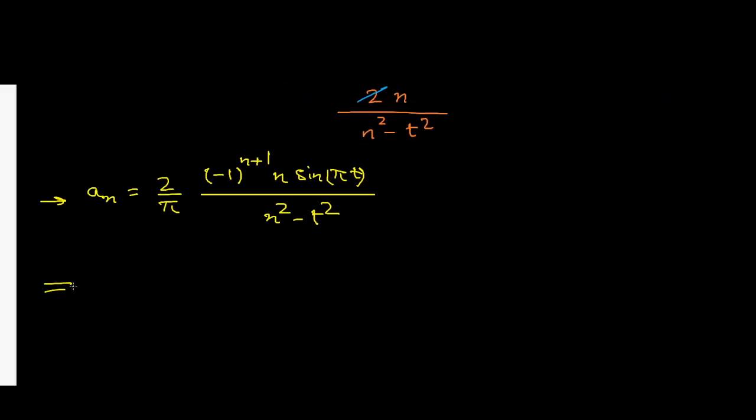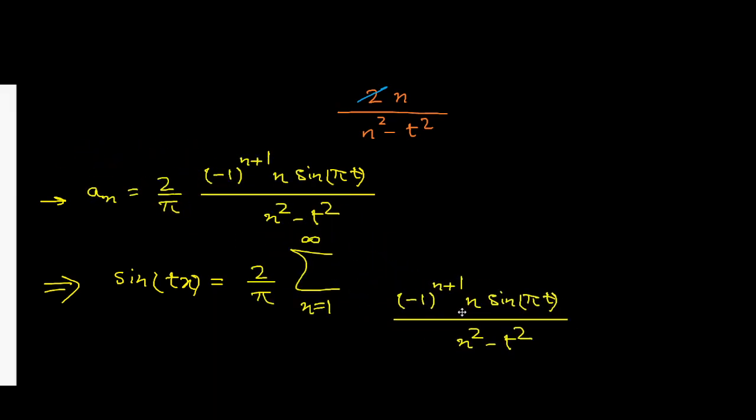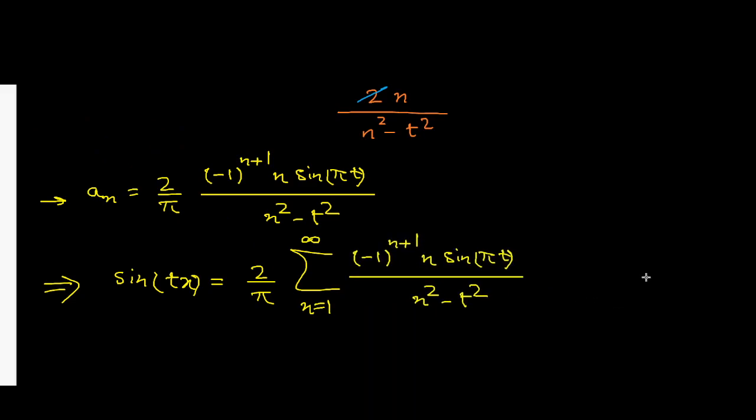So finally, we have the Fourier sine expansion for our function sine of tx. And I can pull that 2 over pi out, and then the series from 1 to infinity of these terms, and sine of x.